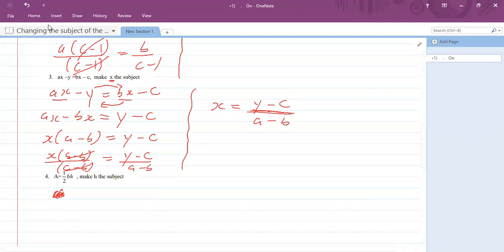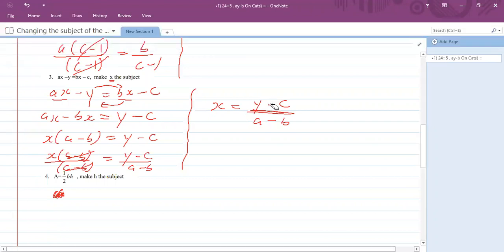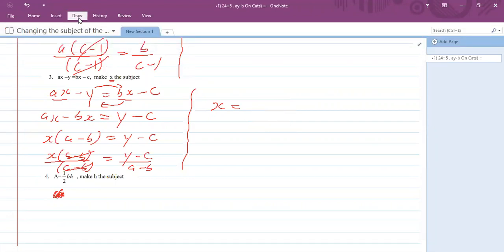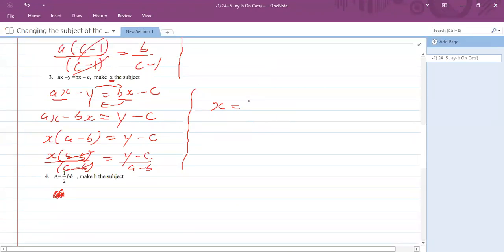Now, remember this would have been Y minus C over A minus B as my answer.